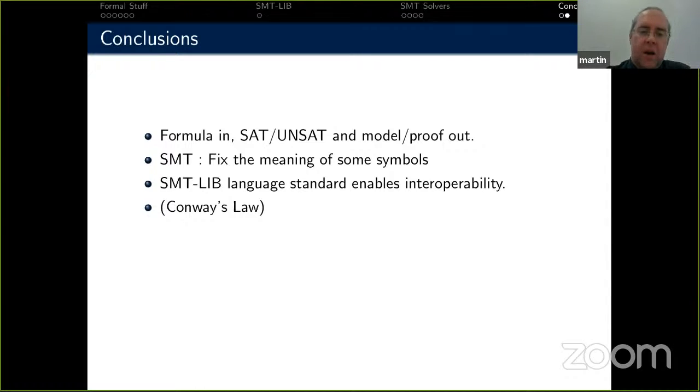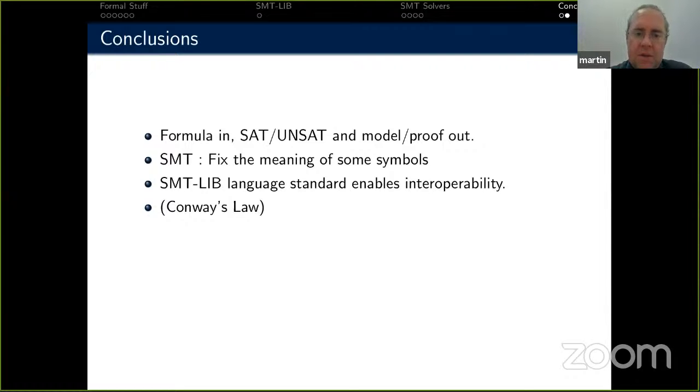And what differentiates us from just being a general first order prover is that we fix the meaning of some of the symbols. So we're making sure that symbol is a plus, and that symbol is a less than, and that they are on bit vectors or on integers.